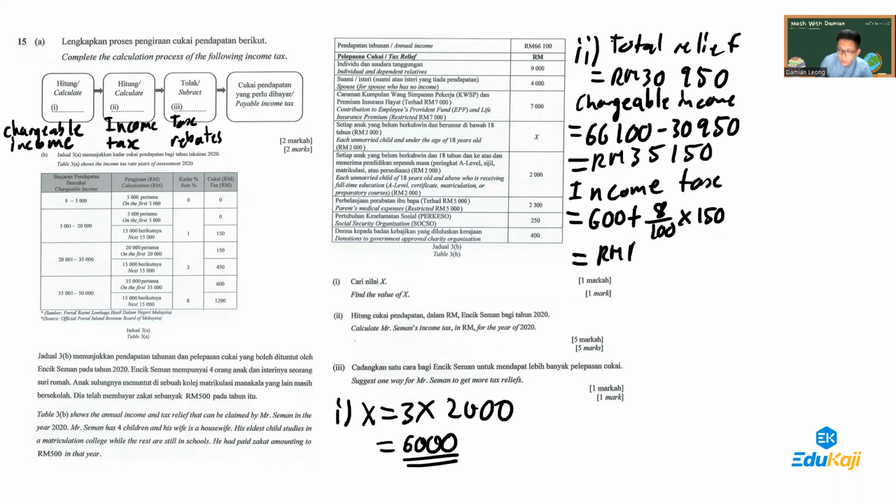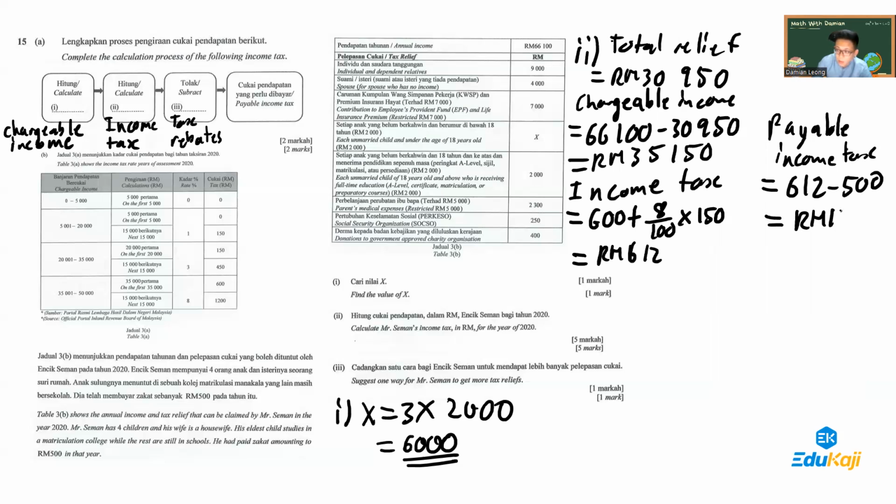That's the income tax, but for the payable income tax, I have to minus the zakat. So 612 minus the 500 that he paid for zakat. So it's 112 ringgit in the end.